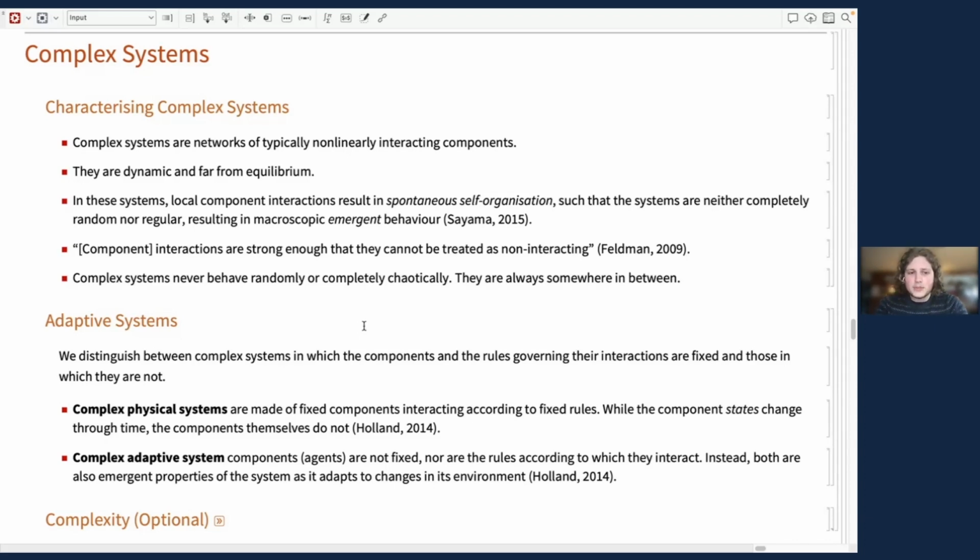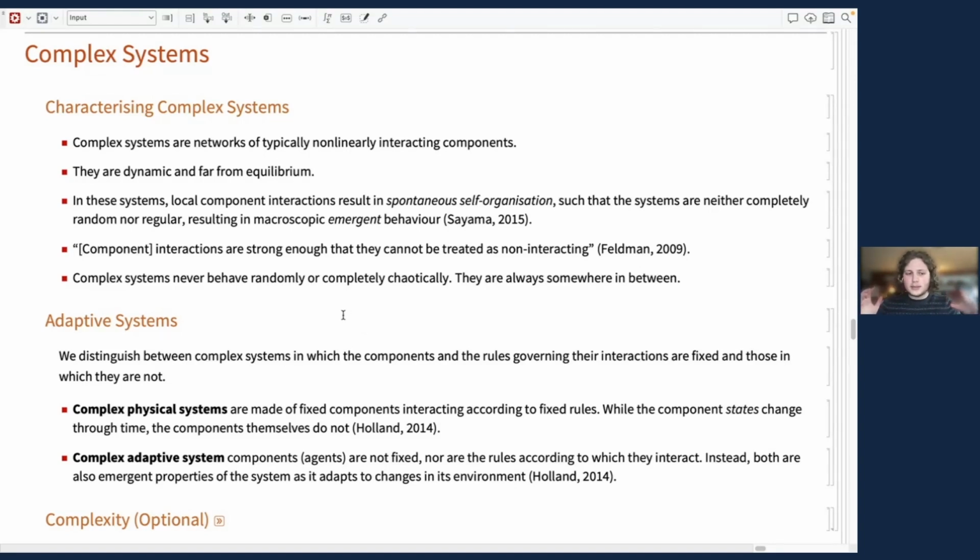We can say that interactions between components are strong enough that they can't be treated as non-interacting. And typically this is a principle that will apply in modeling as well. You wouldn't include a component in your complex system model unless it's interacting with other components. It just doesn't make sense to. And one consequence of all of this is that complex systems never really behave randomly or completely chaotically. They're always somewhere in between these states.